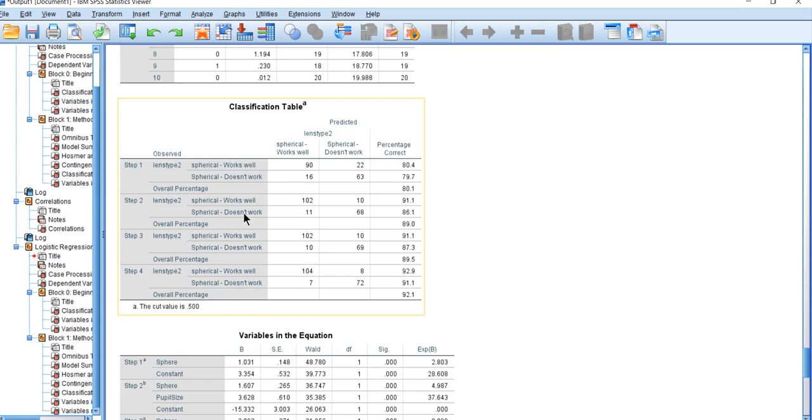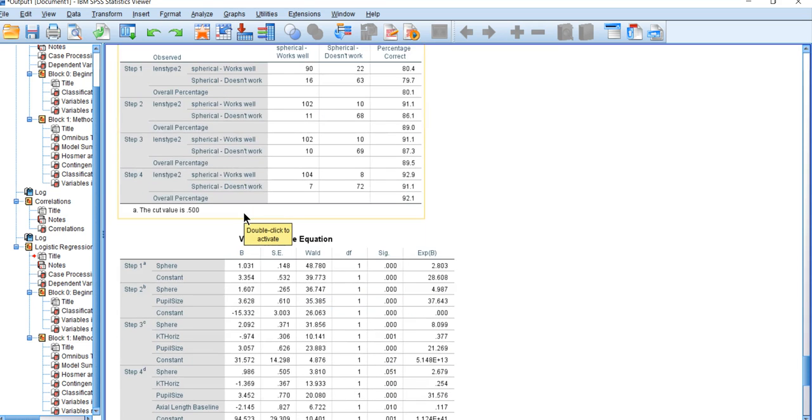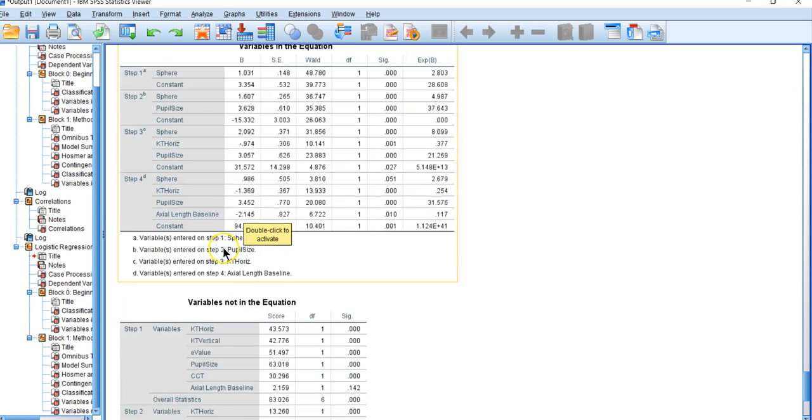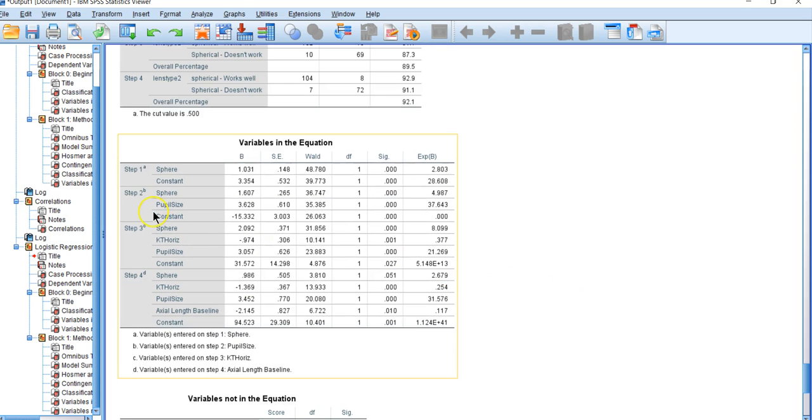Then after we adjust, variables not in the equation. Okay, so pupil size, for example, wasn't in there, and e-value. Pupil size is the next one. So if we look at step 2, after we've adjusted for sphere, pupil size is the winner.